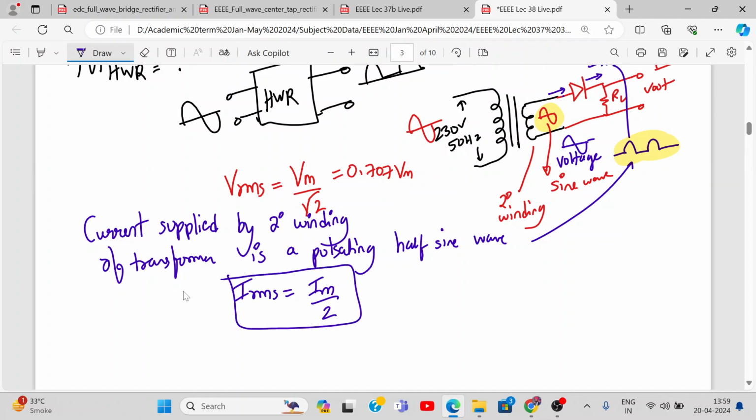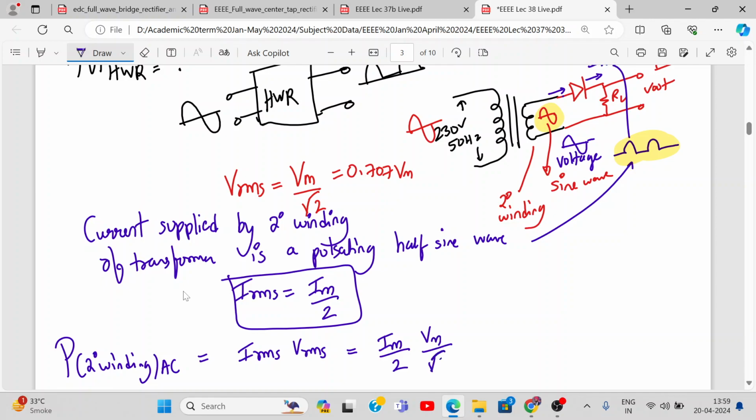Now let's calculate the secondary winding AC power for the half wave rectifier, given by IRMS into VRMS. That is Im by 2 times Vm by root 2, so Im Vm by 2 root 2. Let me call this equation 1.1. Agree?